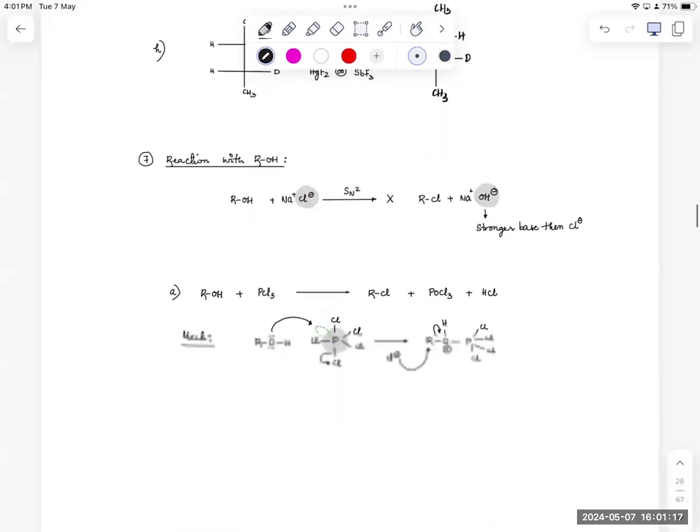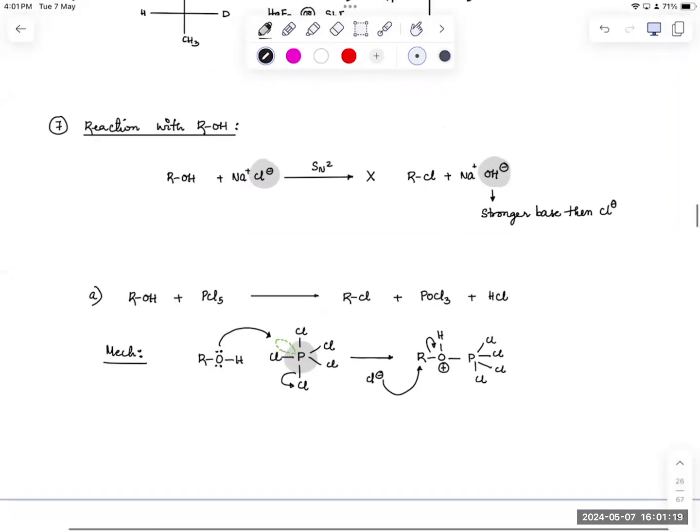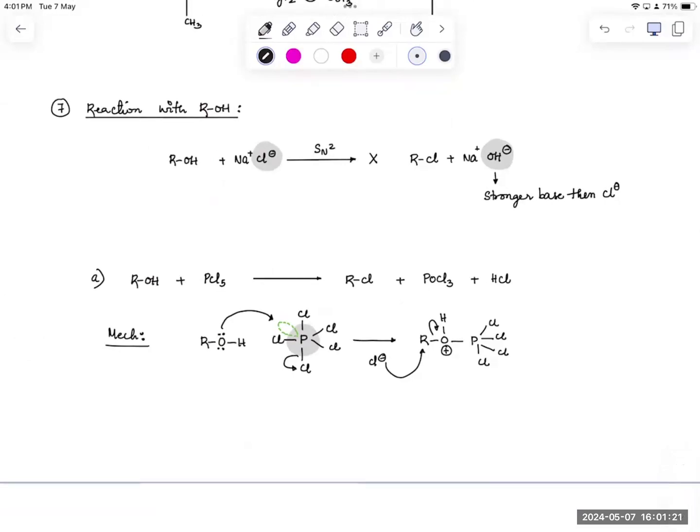Next. The last thing you need to understand is that if we have an alcohol and I'm treating that with NaCl, can I take Cl minus as a nucleophile and try to replace this and remove OH minus?